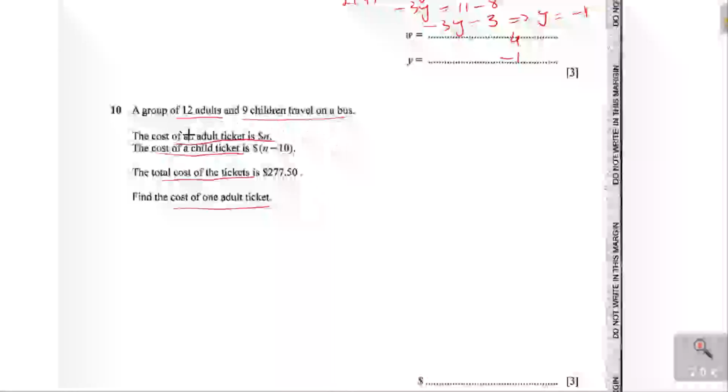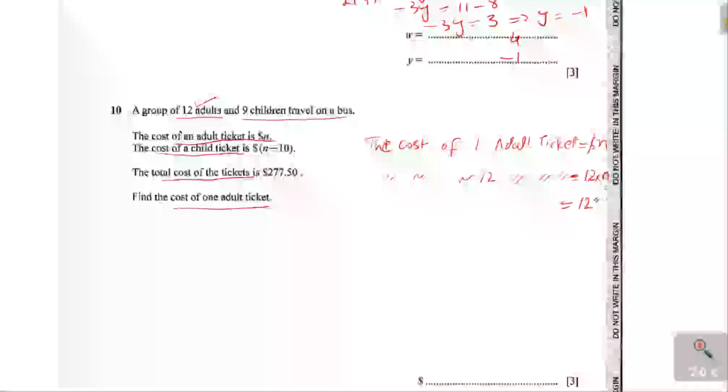To make the equation, we first calculate the total cost of 12 adults. The cost of one adult ticket equals $N, and the cost of 12 adult tickets will be 12 multiplied by N. This is 12N.